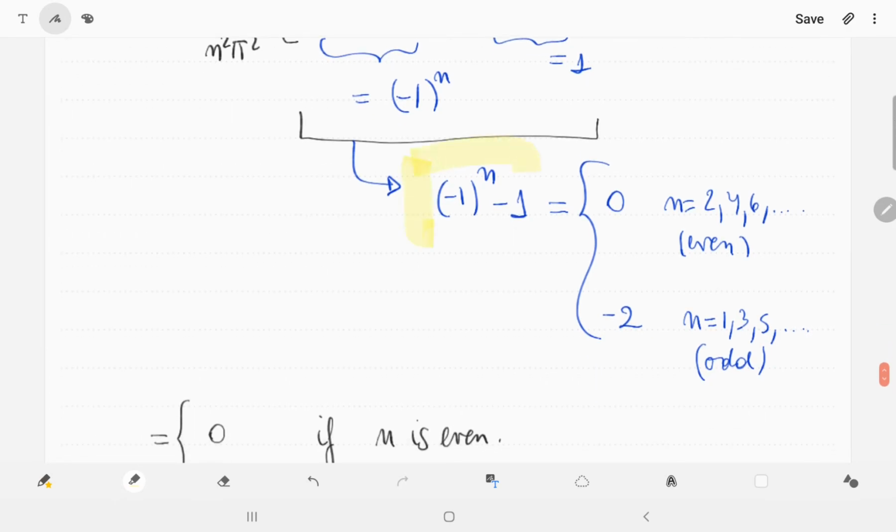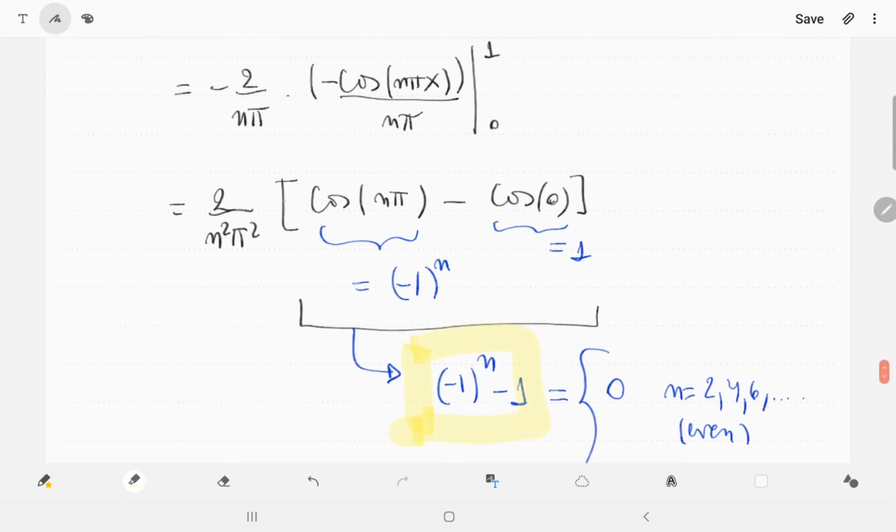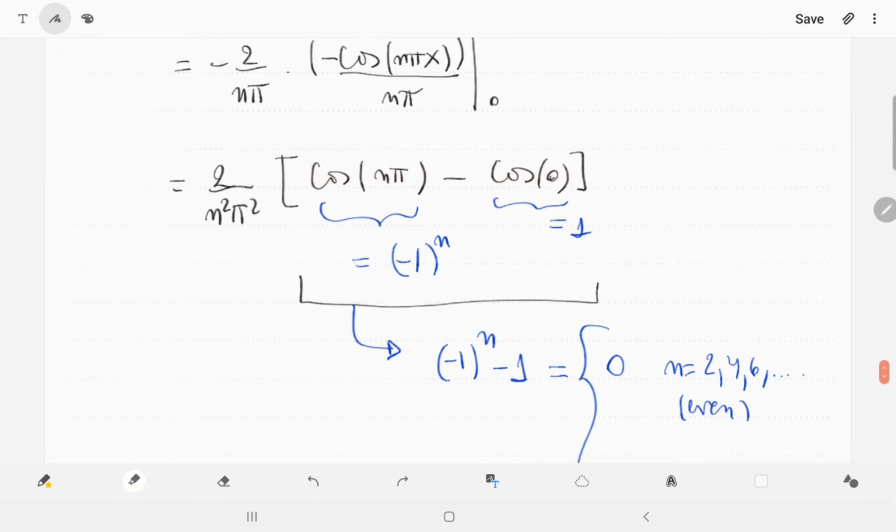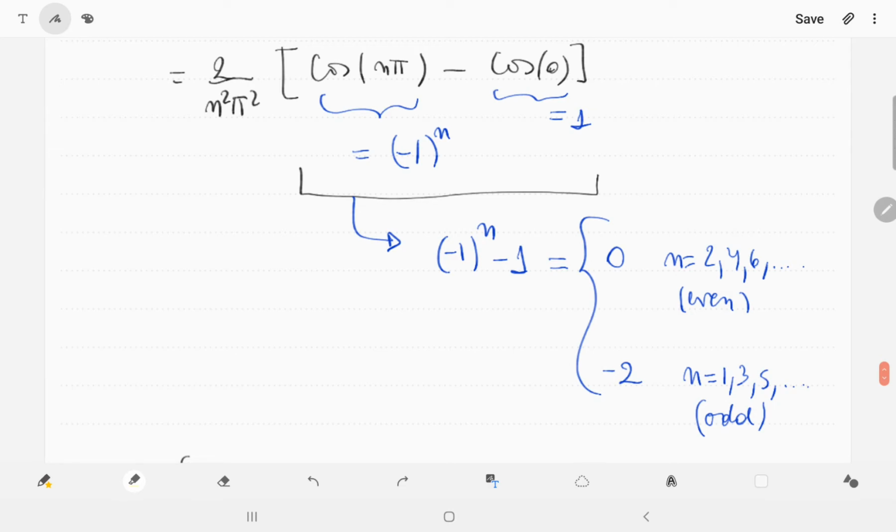Now if we look at this expression, we can compute that when n is 2, 4, 6, and so on, so even, this is exactly 0, because we get a 1 here and a 1 here, -1, so we get a 0. But when n is equal to 1, 3, 5, 7, so it's odd, we get a -1 here and a -1 here, so we get a -2.